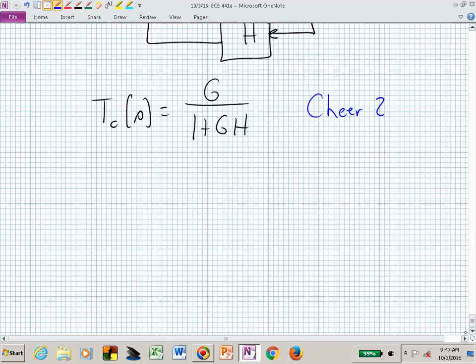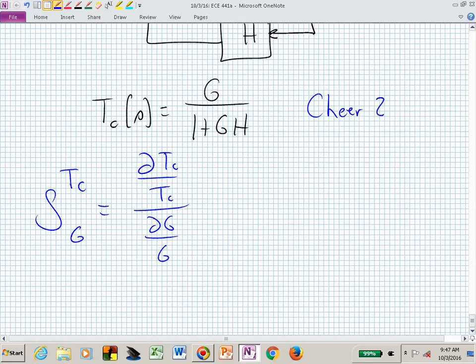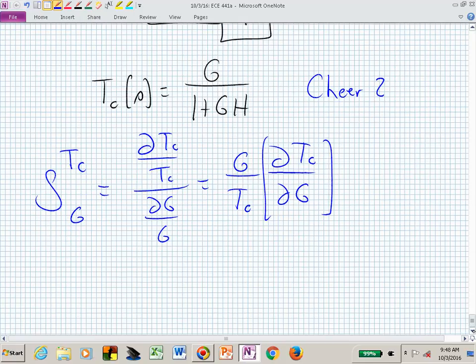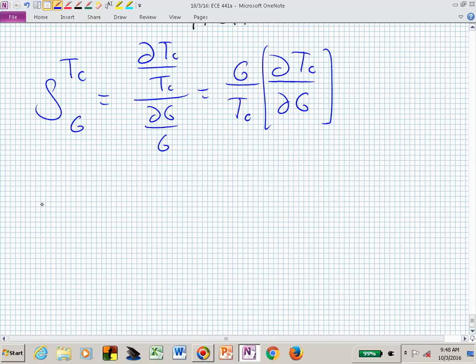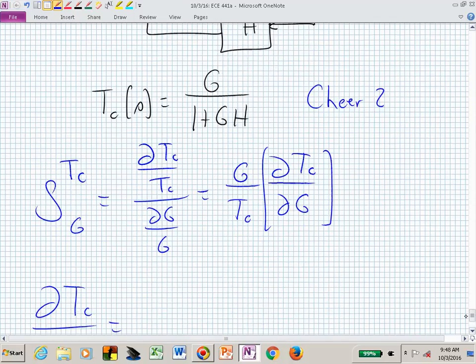If we want the sensitivity of the closed loop transfer function with respect to G, it's now the partial of T sub c over T sub c over the partial of G over G, which is G over T sub c times the partial of T sub c with respect to G. So now we want to calculate the partial of T sub c with respect to G. And that's just this G over 1 plus GH.